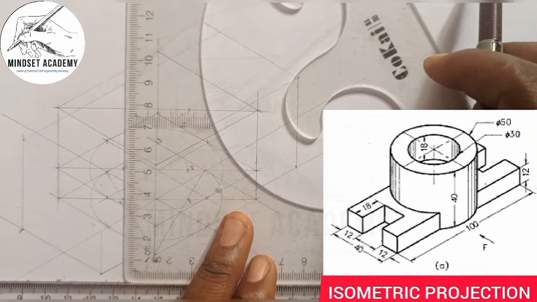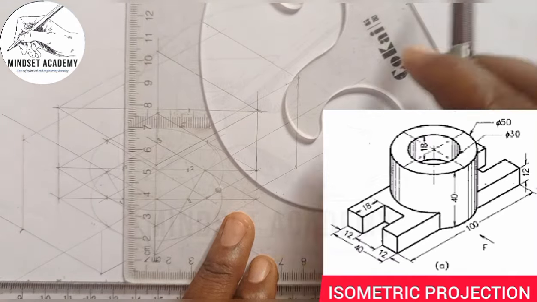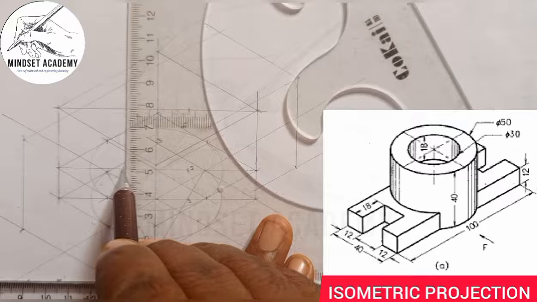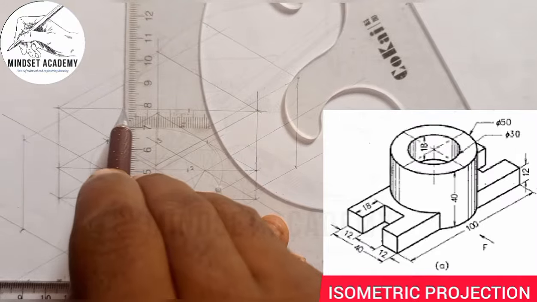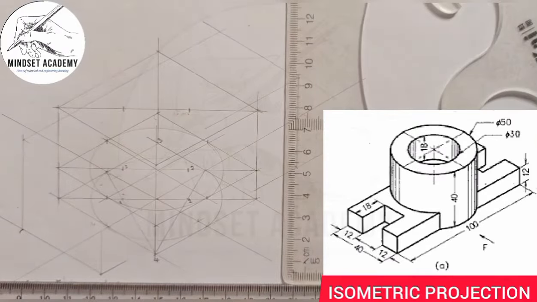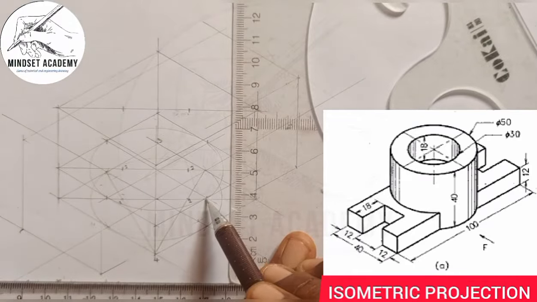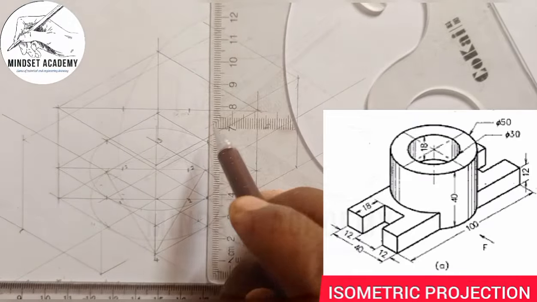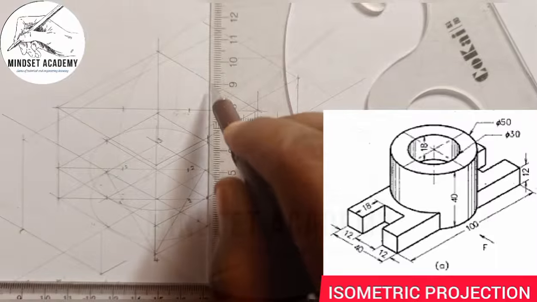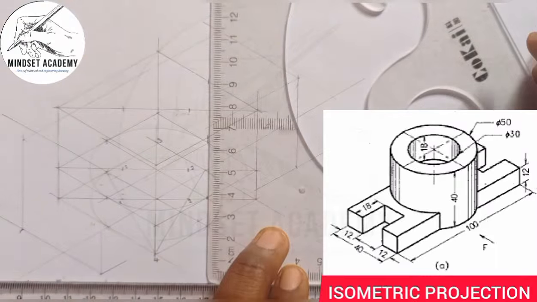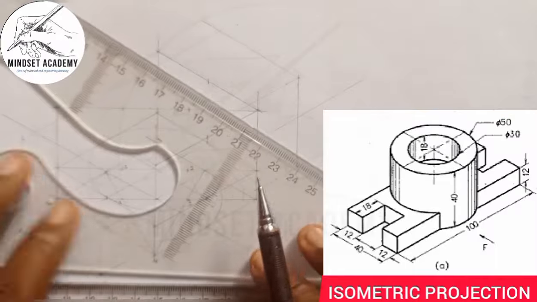Are we good? And all these ends here, you see this end? Actually just mark it here and here, which is where I will transfer my points.